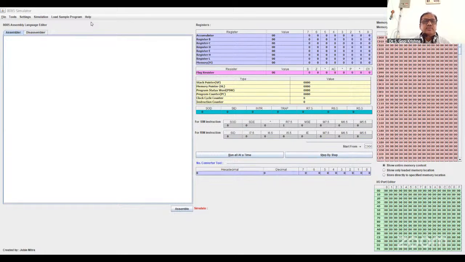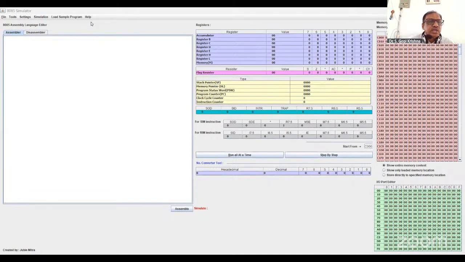For example, LXI B with 2034 data: B will be stored with 20 and C will be stored with 34. Like that, we can store 16-bit data at a time into any one of the BC pair, DE pair or HL pair. This also comes under immediate addressing.